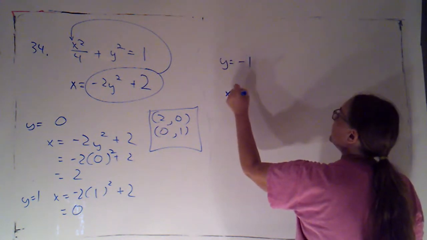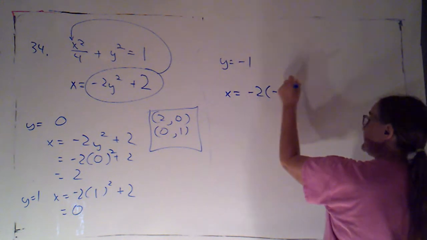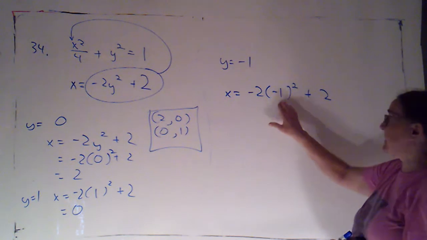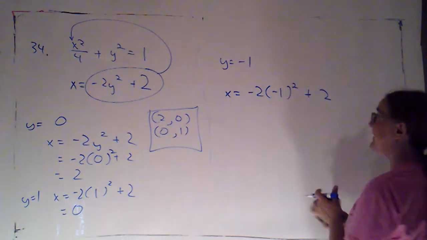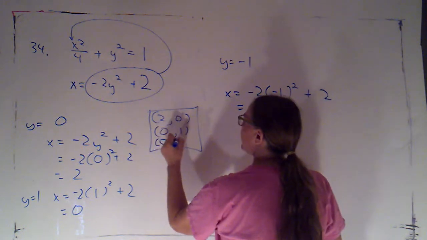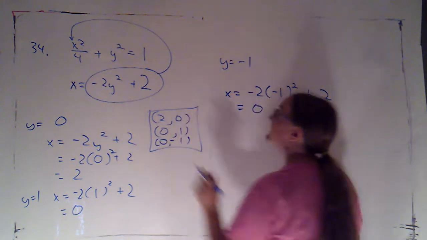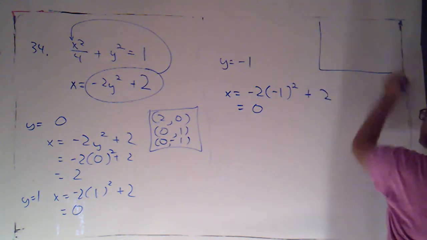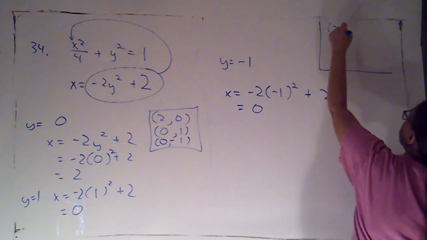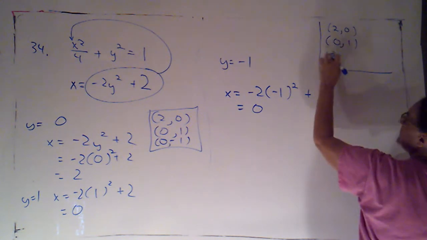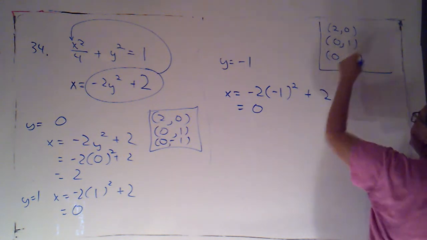X is negative 2 times negative 1 squared plus 2. Well, that's going to give me the same thing, because negative 1 squared is still just 1, so I'm getting negative 2 plus 2, I'm getting 0. So we'll also have the point 0, comma, negative 1. All right, I'm going to put just up in this right-hand corner here that my 3 solutions were 2, 0, 0, 1, and 0, negative 1.